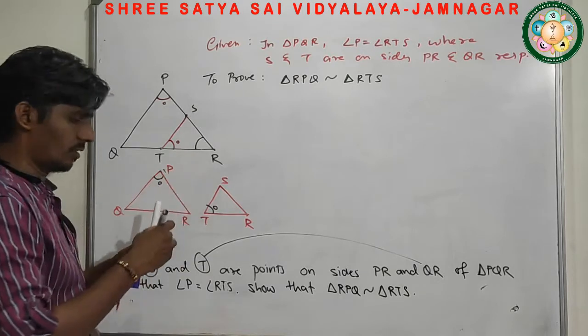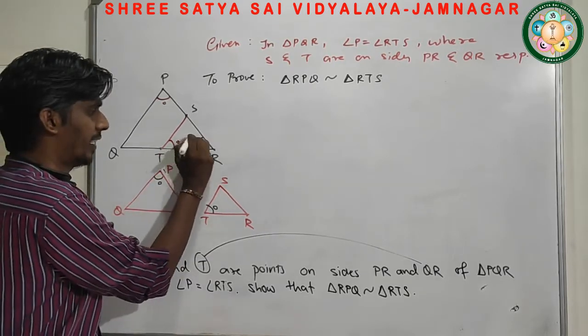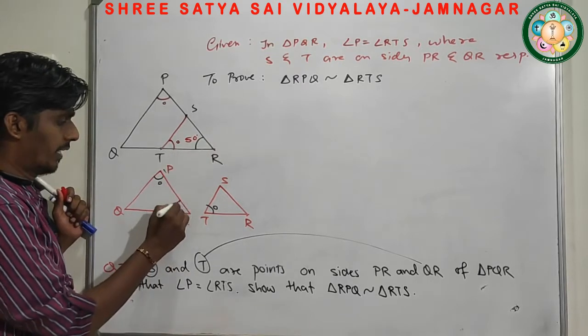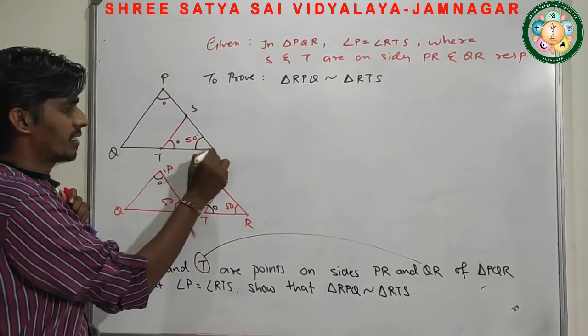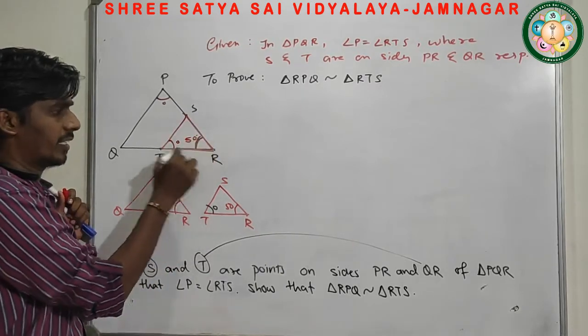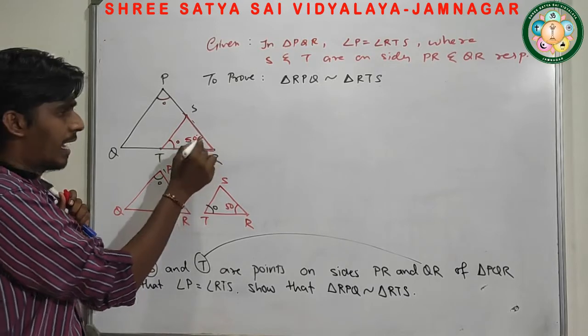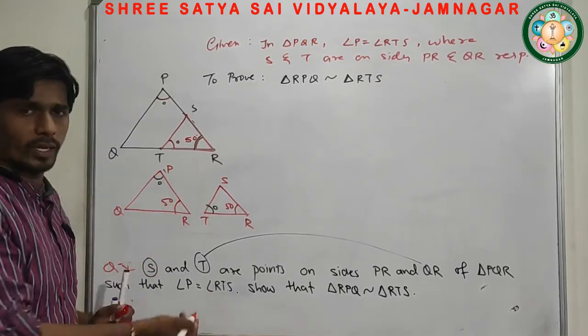Suppose this angle, just for example, I'll take as 50. Then this angle is also 50, because it's the same angle. The same angle is present in smaller triangle and in bigger triangle. So I'm getting two angles equal.